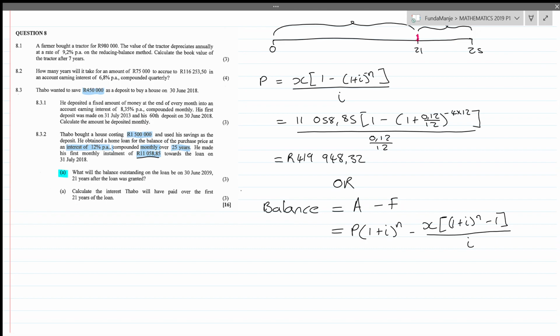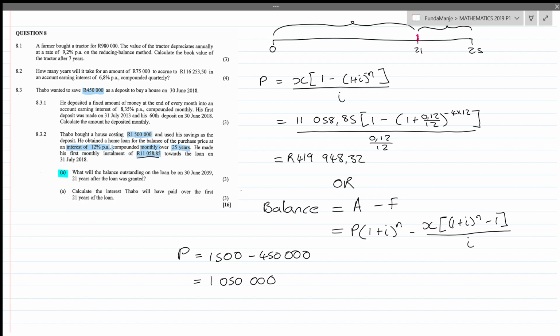Here we know that the present, or the principal amount, will not be 1.5 million. Rather, it would be 1.5 million minus 450,000, which would give us 1,050,000.